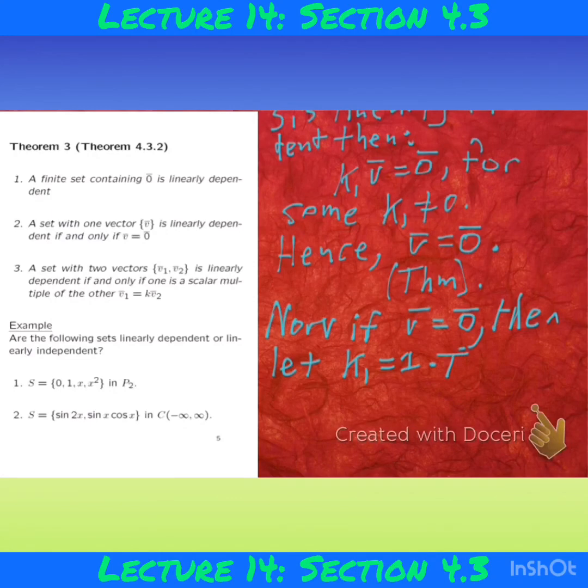If you look at the scalar multiple k1 v, that is 1 times the zero vector, and we know from previous theorems that a scalar multiple of the zero vector is the zero vector.